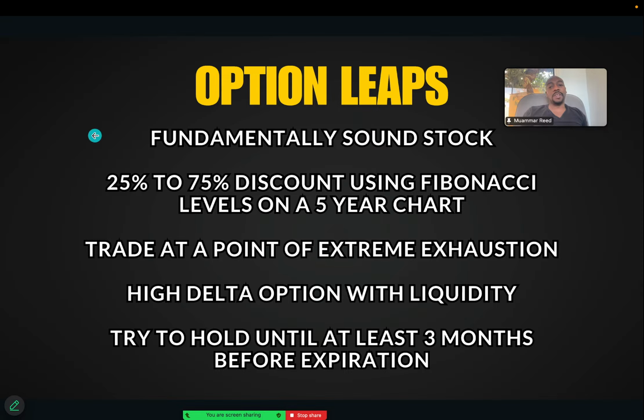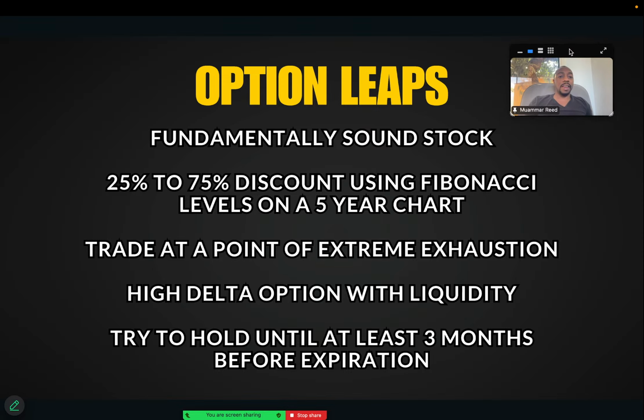Number one, and I've talked about this, I haven't talked about fundamentals in these other three strategies because they don't matter as much. When I'm trading leaps, if I'm going to be holding something for 6 months to a year and a half out through earnings, I want to make sure that the stock is fundamentally sound. Is it making money? Does it cash flow? Is it growing earnings?